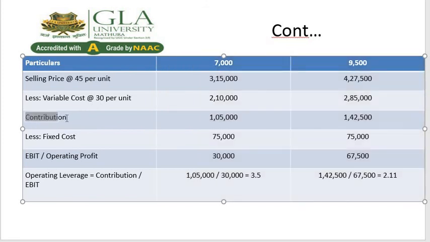Here we find our contribution, and after less we find our operating profit. Now the most important thing remaining in this numerical is which project is riskier and which is less risky.